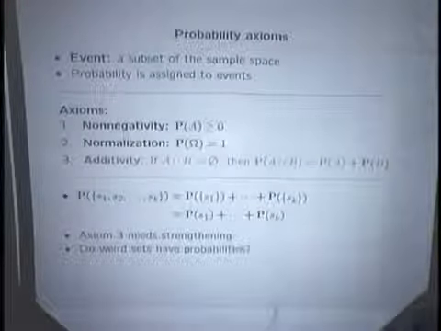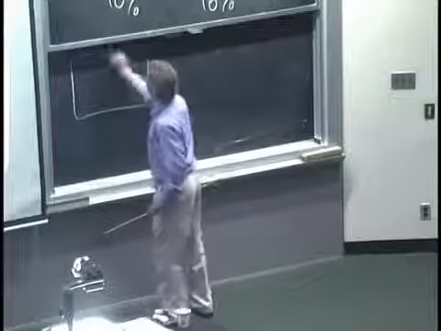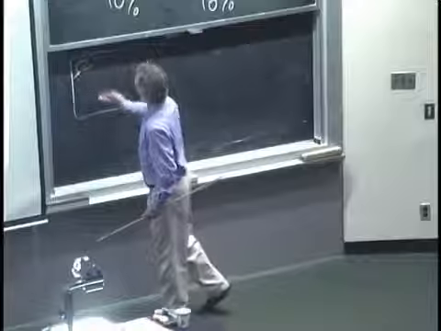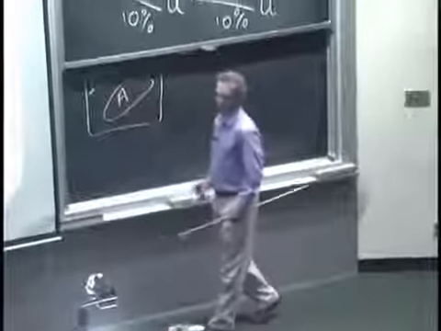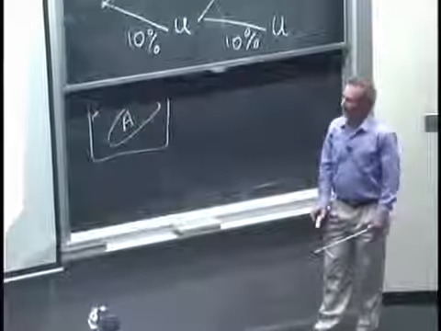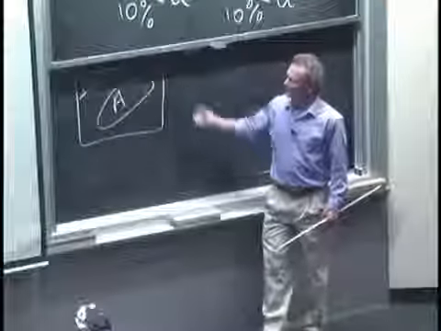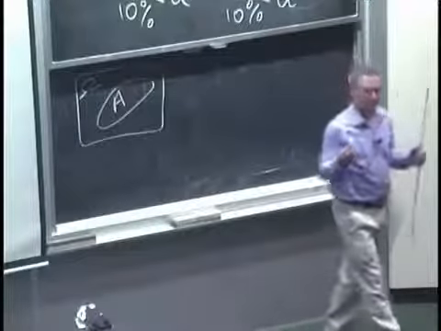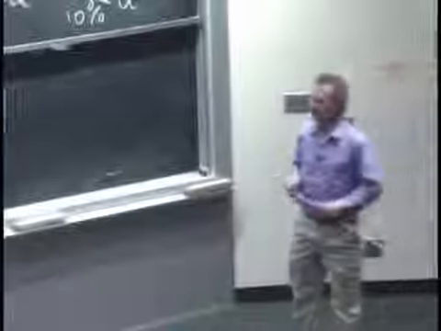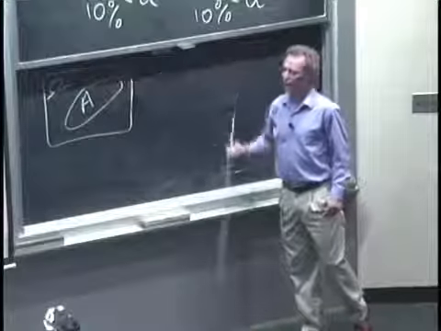So here's the picture. We have our sample space, which is omega, and we consider some subset of the sample space, call it A, and I want to assign a numerical probability to this particular subset, which represents my belief about how likely this set is to occur.